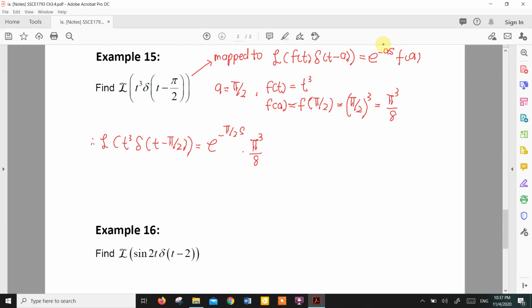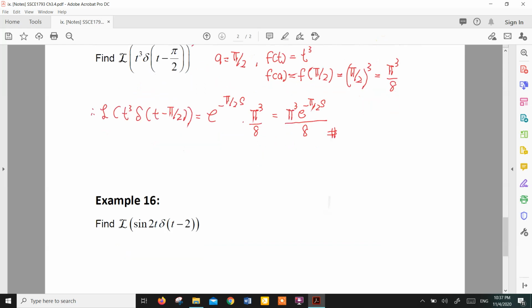Okay, so you can rearrange. So you have pi cubed e to the negative pi over 2 s over 8. Alright, so this is how to do the Dirac delta function.